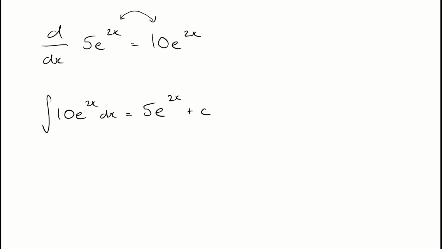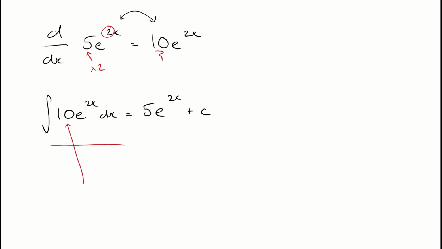Okay, well, what is the relationship here? Well, when we look at the relationship in the derivative, what's happening to this 5 is it's being multiplied by the 2 in our exponent to give us this 10. So when we're asked to anti-differentiate 10e to the power of 2x, we have to think, well, when we differentiated something to give us this 10e to the power of 2x, where did that 10 come from?